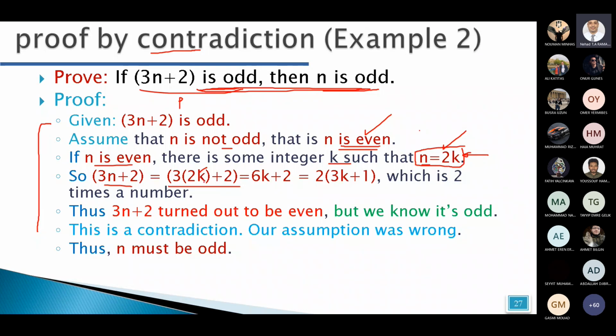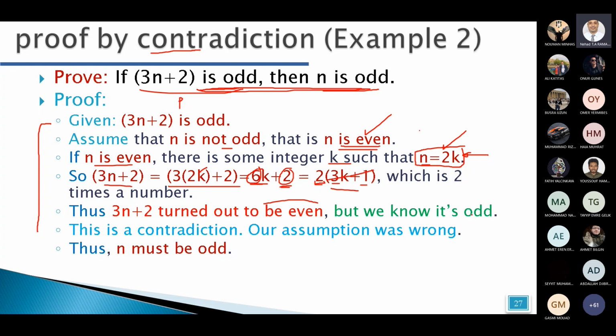Okay, so it's equal to 6k plus 2, so it's equal to 2 multiplied by, we take 2 as a common factor here, so divided by 2 we have 3k, divided by 2 we have plus 1. This k is an integer, so this one is an integer, 2 multiplied by any integer gives us what? Even.